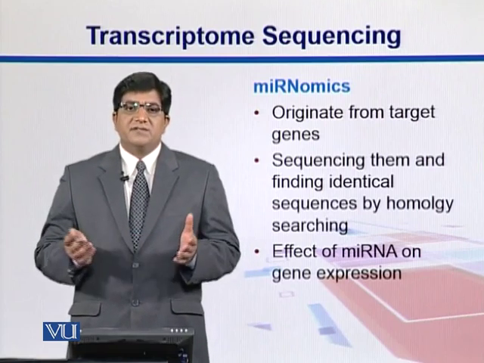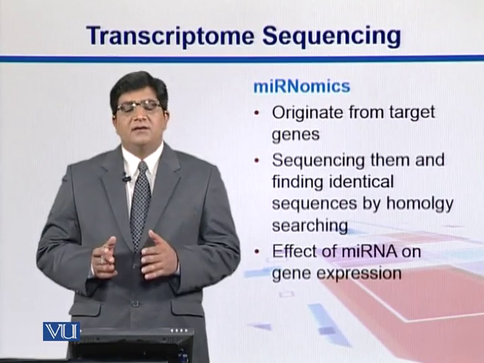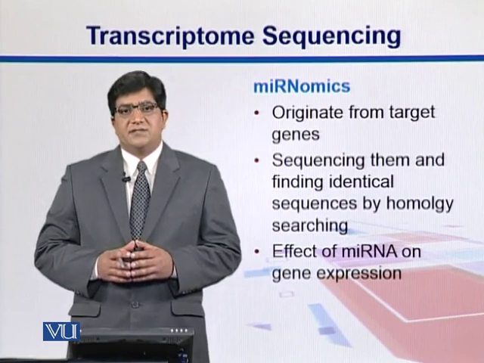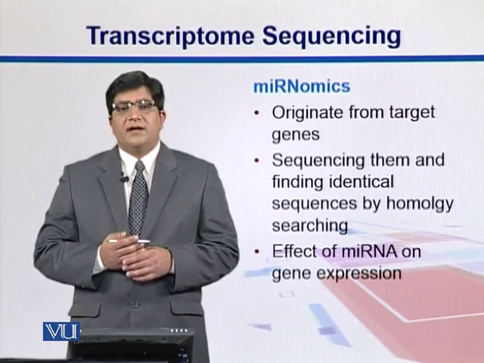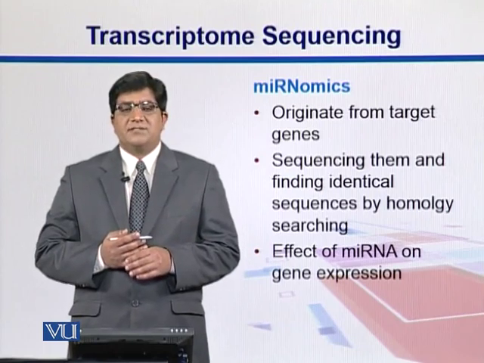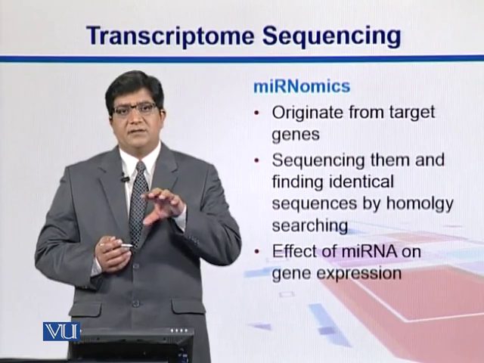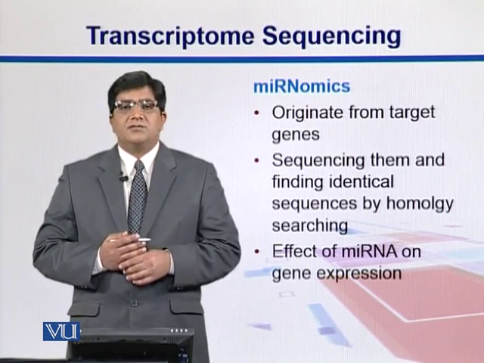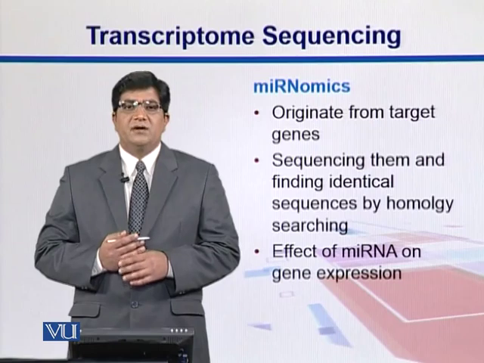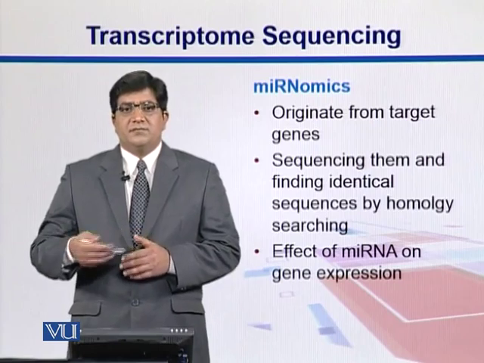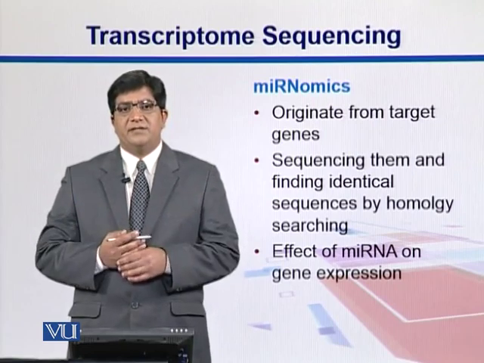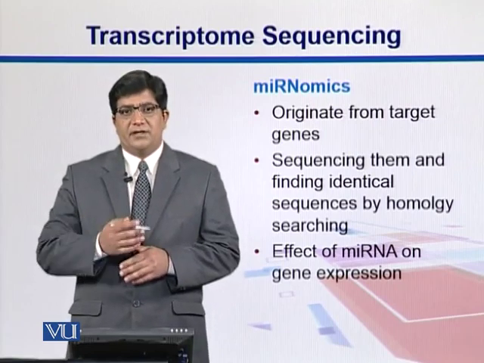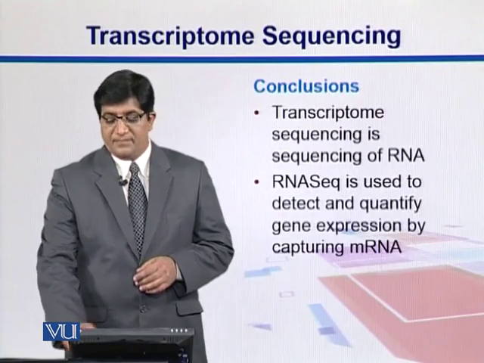If we sequence the microRNA from a cell, we can align the sequences to the whole genome, and wherever they align, we can suspect that their target genes are there. For that, we might need to do some homology-based studies where we look into the similarities of these microRNAs to the target genes.